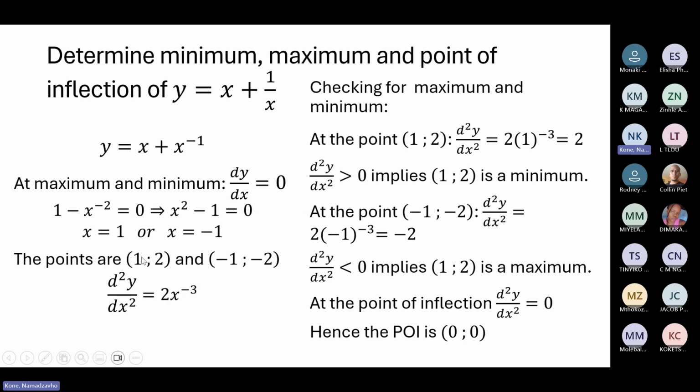When you substitute the x coordinates, for the first point, if you substitute 1 here, you get an answer that is positive. An answer that is positive shows us that this point is a minimum. And if you substitute x here and you find an answer which is negative, it shows that this point is a maximum.